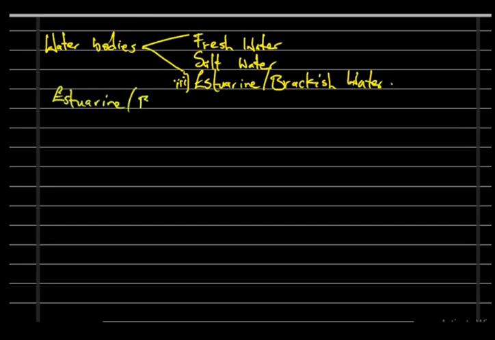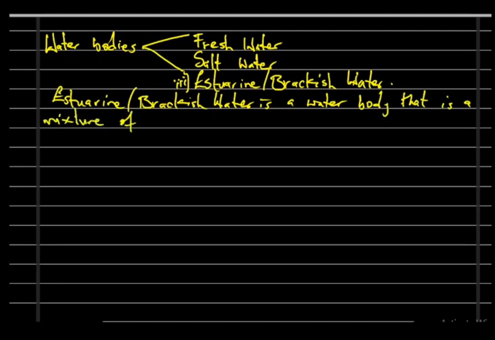Estuarine or brackish water is a water body that is a mixture of both the fresh water and salt water. That is basically what estuarine habitat is talking about. So it is a mixture of fresh water and salt water.